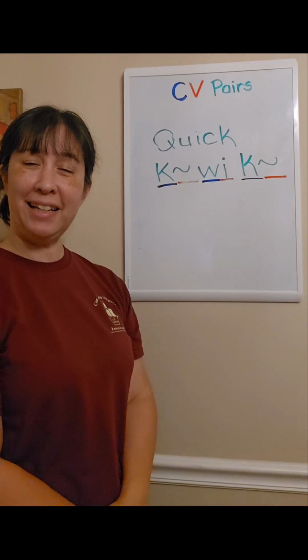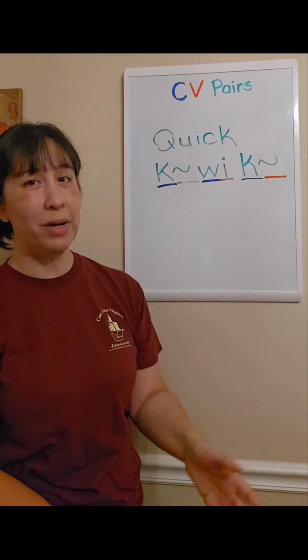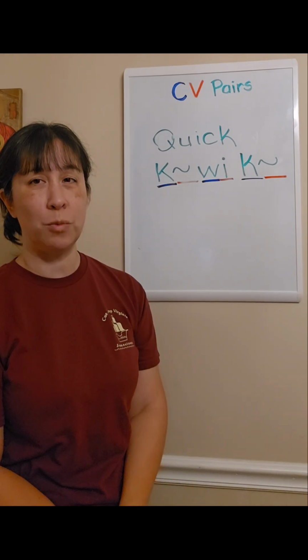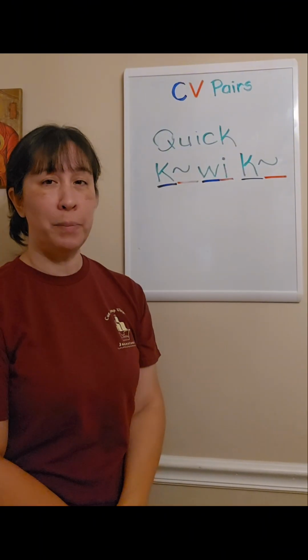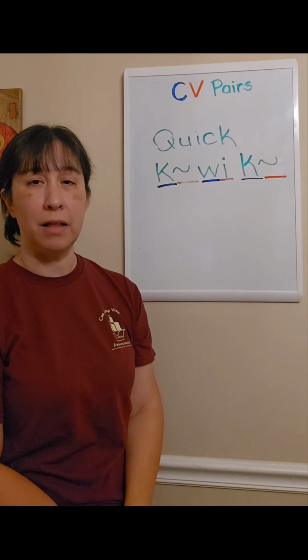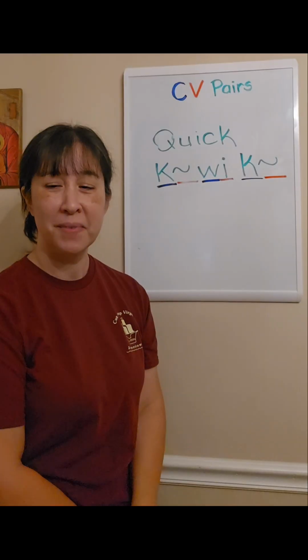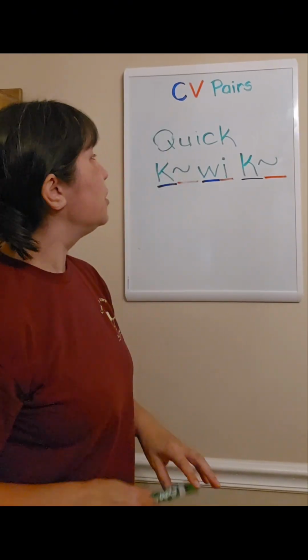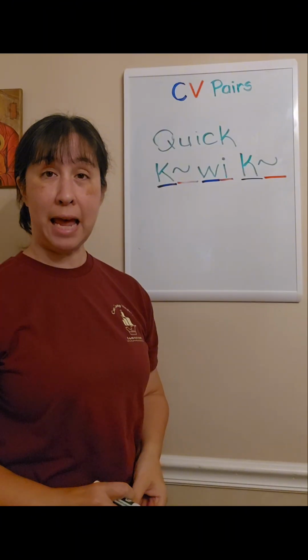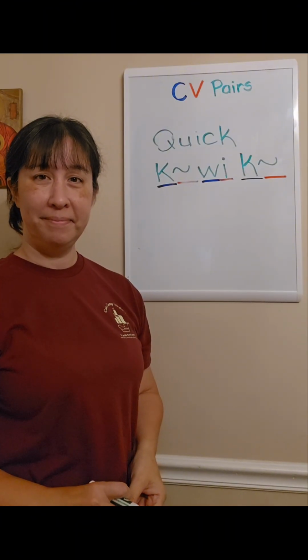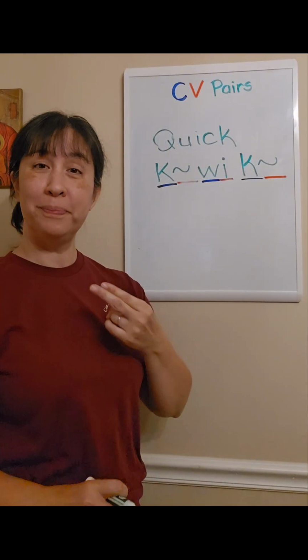Pretty crazy, right? Now imagine your tongue is doing a whole bunch of stuff when it says the word quick. So it might look like there's a lot going on there, but your mouth can handle all of that, and so can your fingers. Okay, so what hand shape makes the K sound? Hand shape 2.